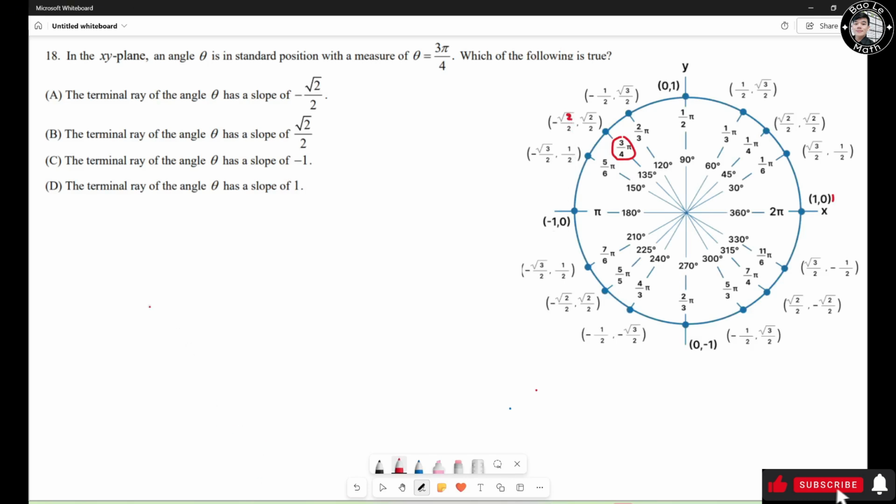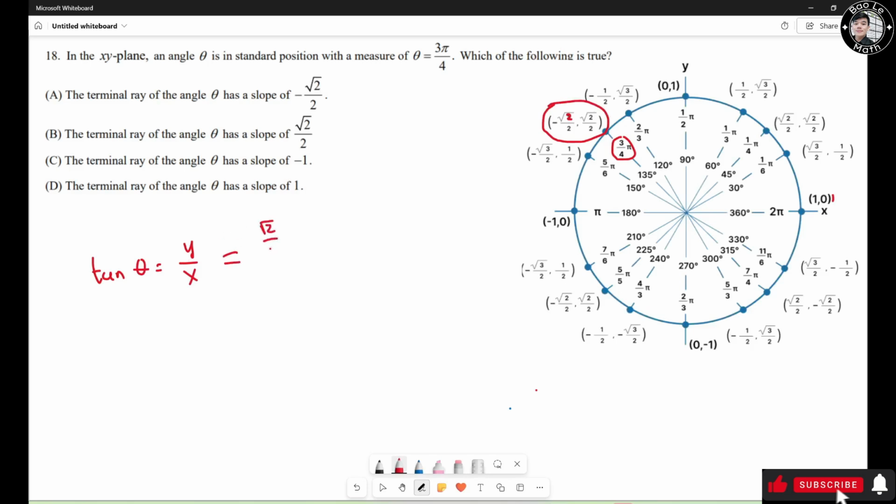So we know that tangent of theta equals y over x, and this is the slope of the terminal ray, right? Now the terminal ray is right at 3 pi over 4, right? So we're going to use the coordinate point of this one, right? So we substitute into this equation.